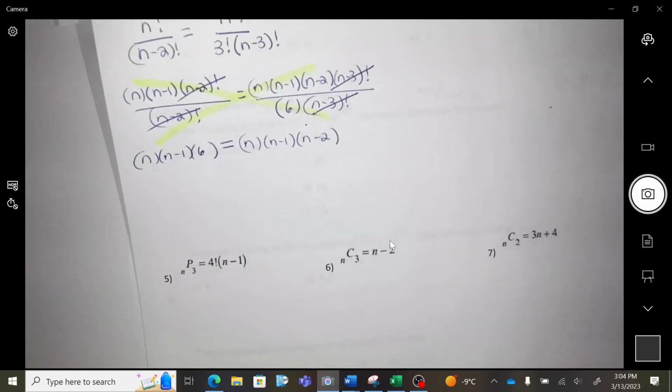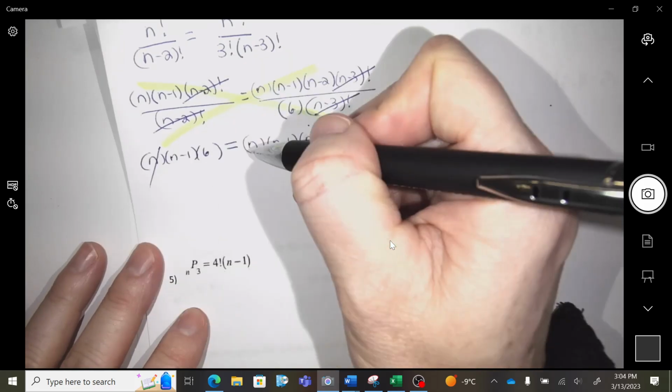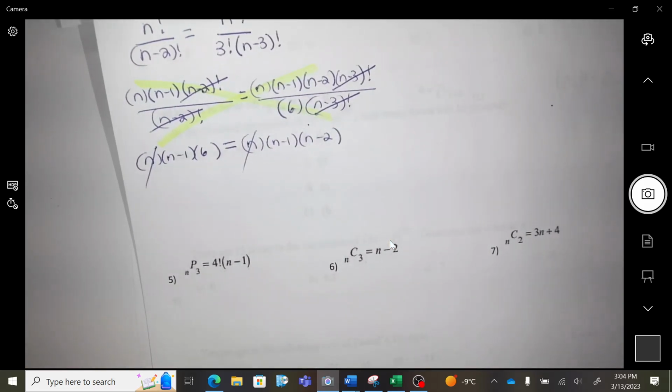At this point, it is legit to say, I'm going to divide both sides by n. Is that okay? In math, if you do something to one side, you can do it to the other. So I'm physically going to divide both sides by n. I'm going to divide both sides by n minus 1.